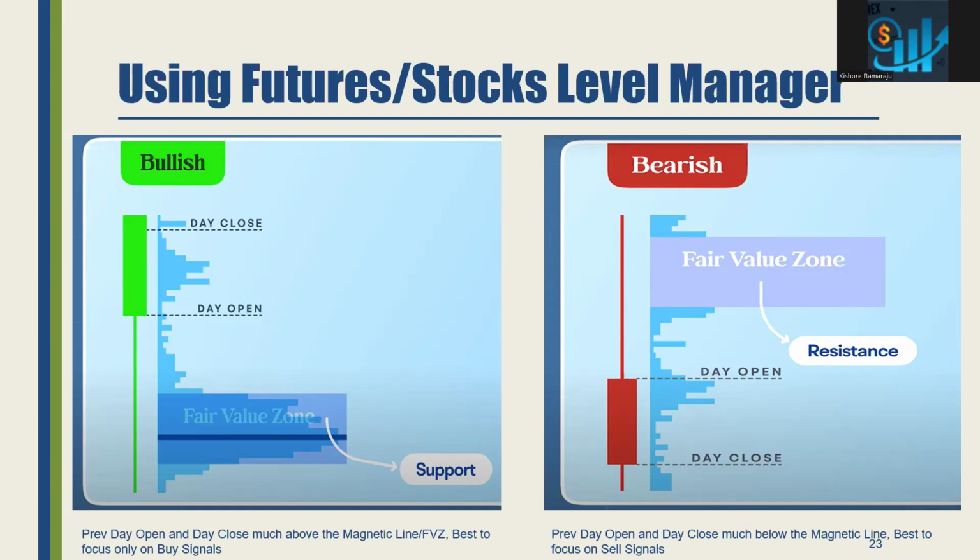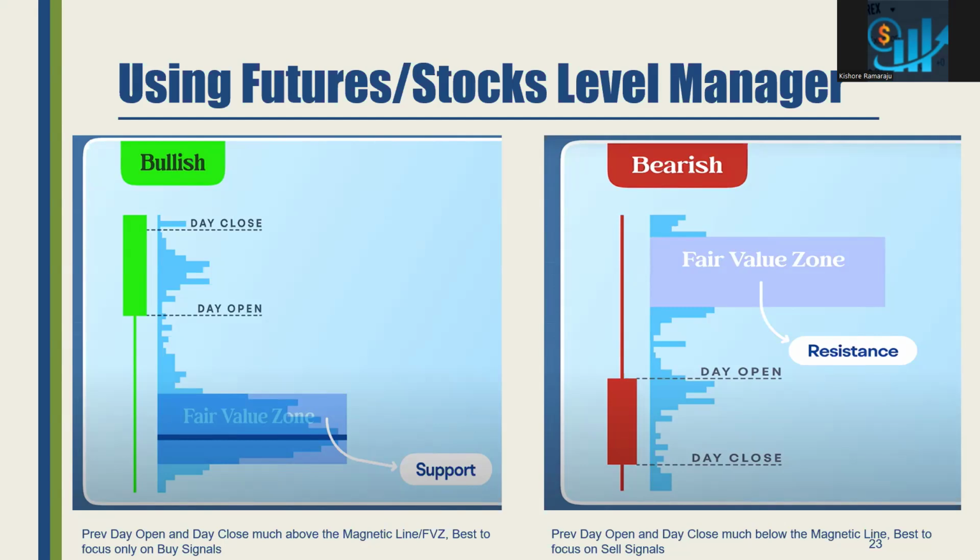For example, if the previous day open and previous day close are much higher above the magnetic level, then generally the price will stay bullish. If price opens above the magnetic level and also closes above it, the next day also the price can stay bullish.